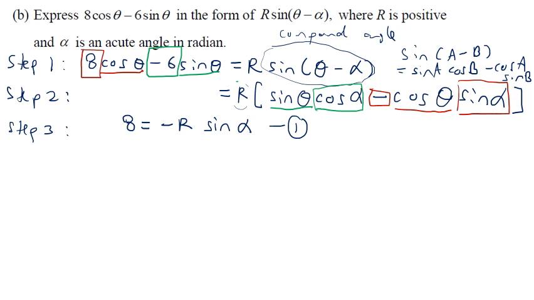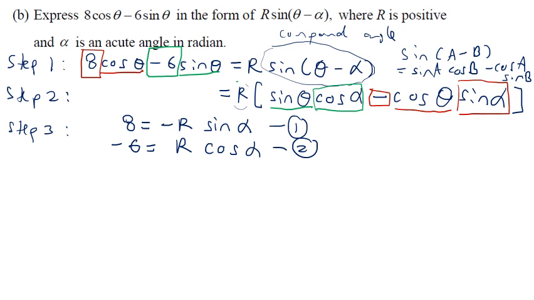So here we have negative 6, so negative 6 equals to r cos alpha. Okay, so now it will be second equation, right?